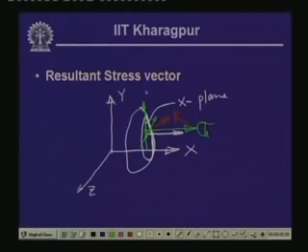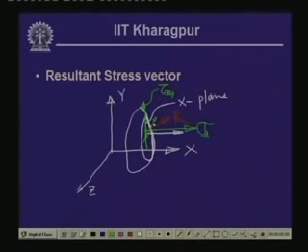The stress which is acting parallel to y, or in the y direction, we designate as the stress tau acting in the plane x in the direction y, which we call tau x y.